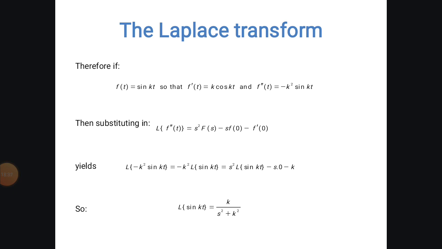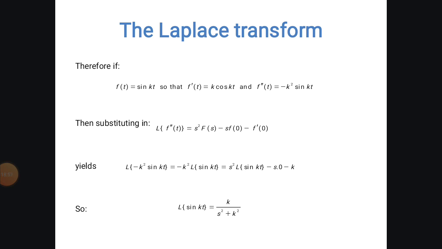Therefore, if f(t) is sin kt, its derivative is k cos kt, right? And the double derivative is minus k squared sin kt. And we have one relation which we have derived here: Laplace of f''(t) is s squared F(s) minus s f(0) minus f'(0). We are substituting the values here.